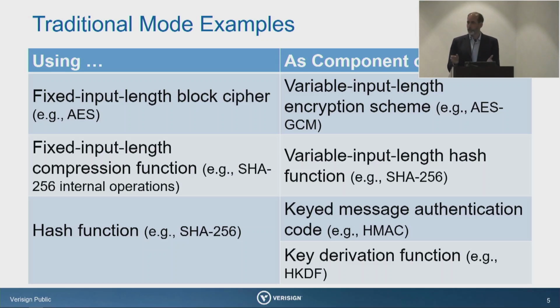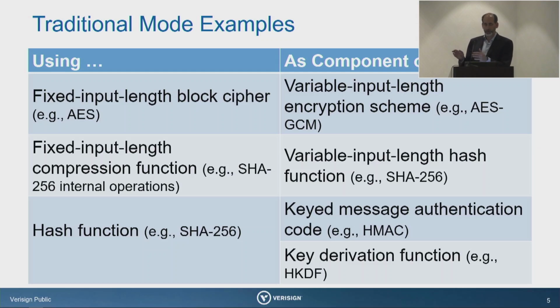But this is so familiar as a hash function, we tend not to think of the compression function as the cryptographic internal. And then a hash function itself can be applied in certain modes, and there's a little bit of discussion of this in the literature. The keyed message authentication code, or HMAC, and key derivation functions like HKDF.